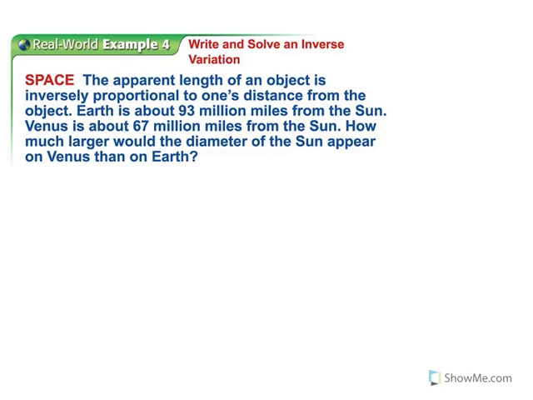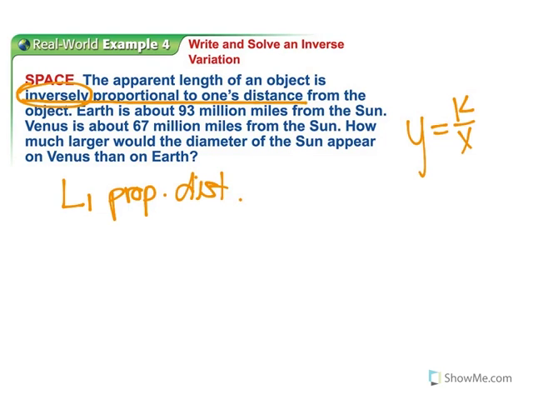First of all, we need to look at what we're looking for. We say that the length of an object is inversely proportional to one's distance. Okay? So length is proportional to distance. And we're talking about an inverse relationship, which, if you remember, inverse would be y equals k divided by x, or x times y equals k.